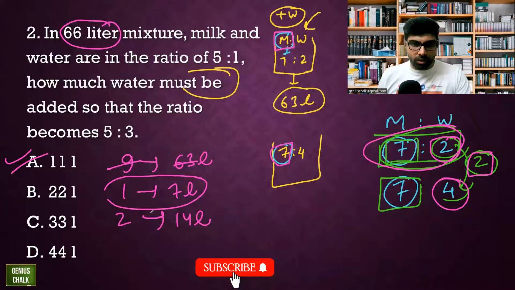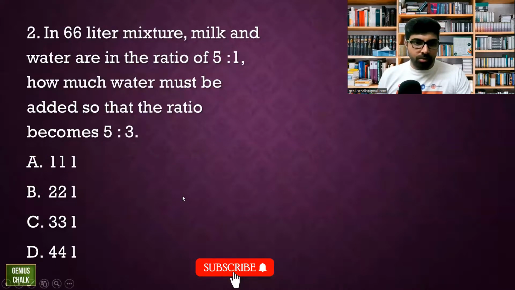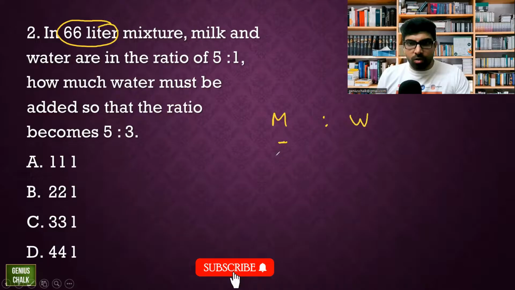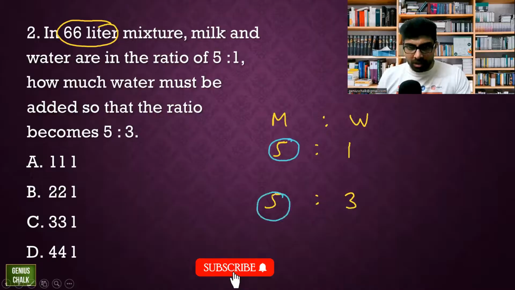Let's move on to the next question. Again the same type of problem, where we have a 66 liter mixture. The milk and water ratio is 5:1. We have added water, the ratio becomes 5:3. Now again we have to check the same thing, whether the milk ratio is the same. Yes, we can see that it is the same. And what is the change in water? It is 2 units.